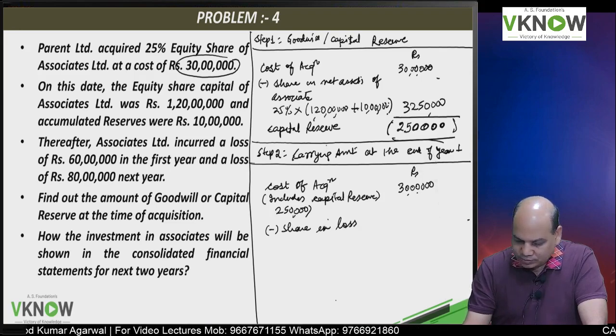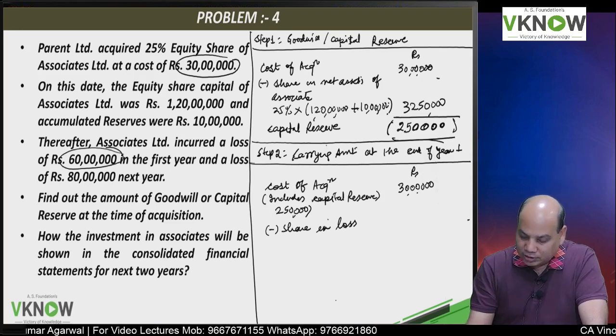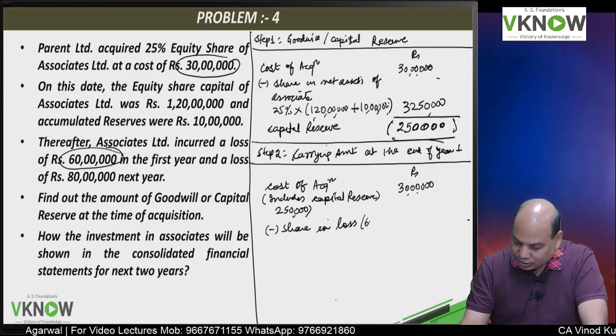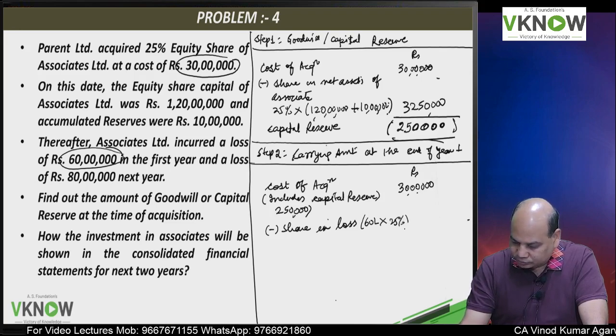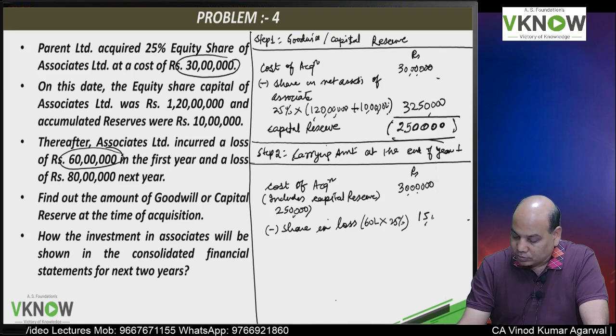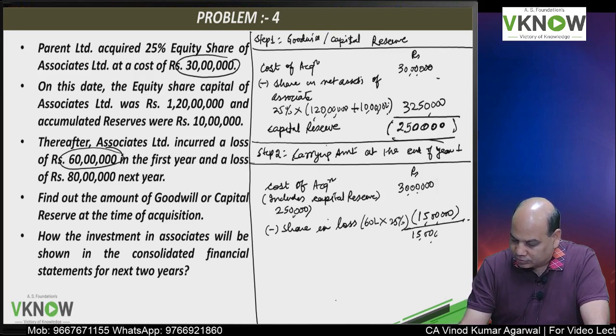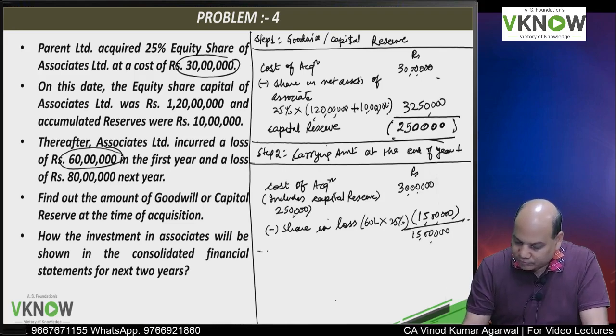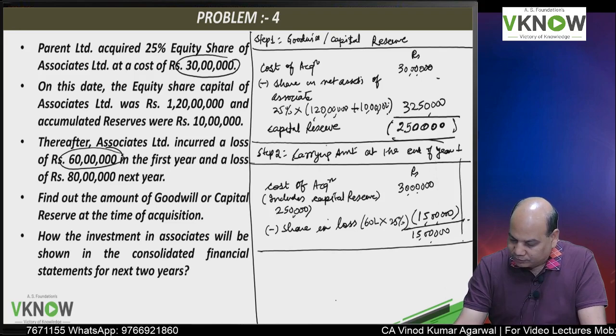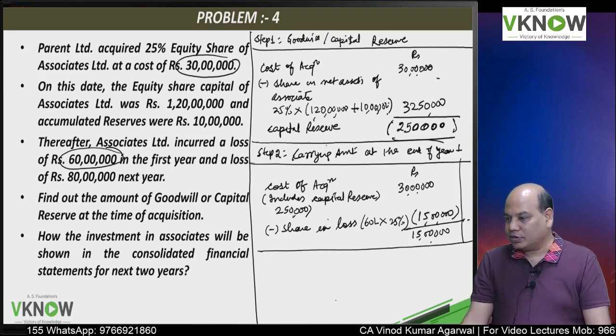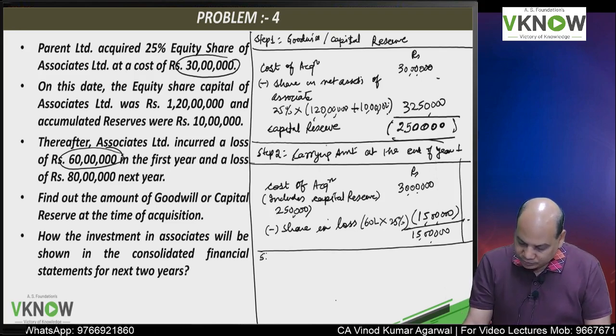First year loss is 60 lakh into 25%, that is 15 lakh. So balance will be 15 lakh.